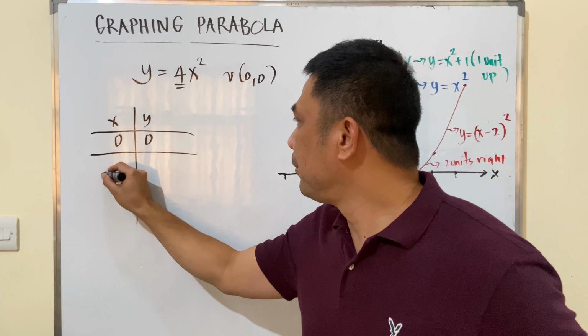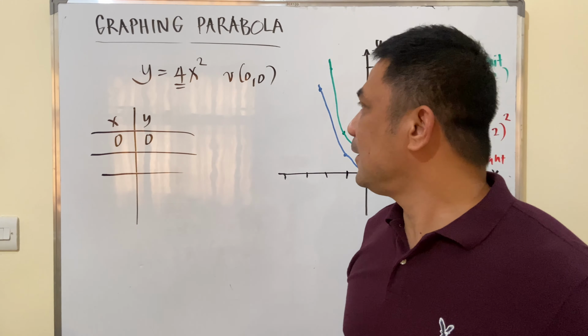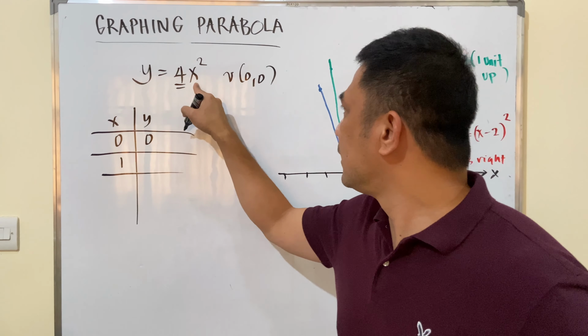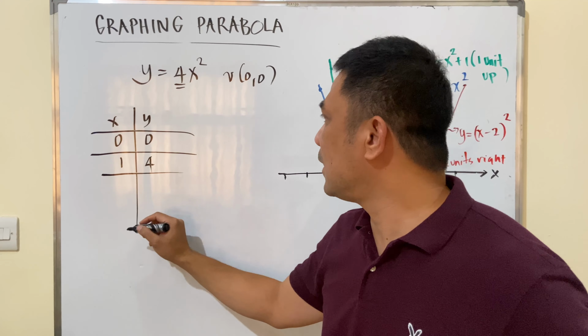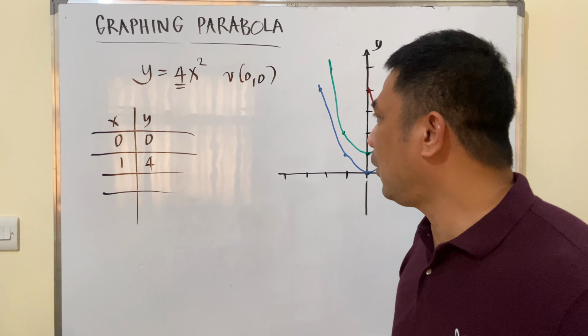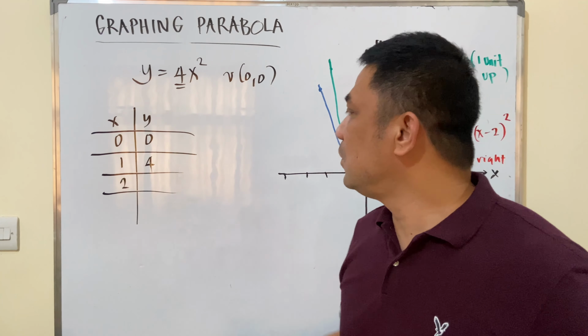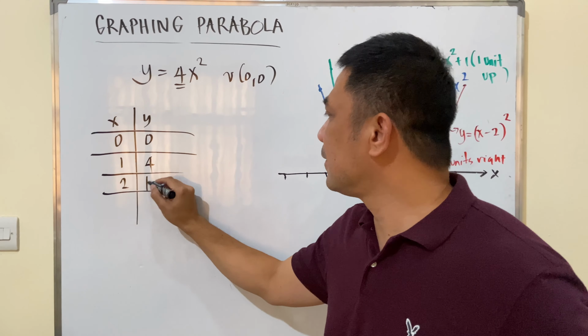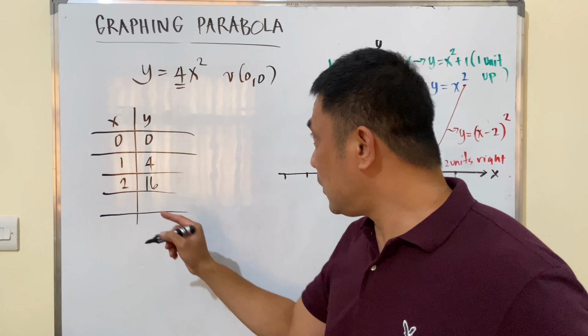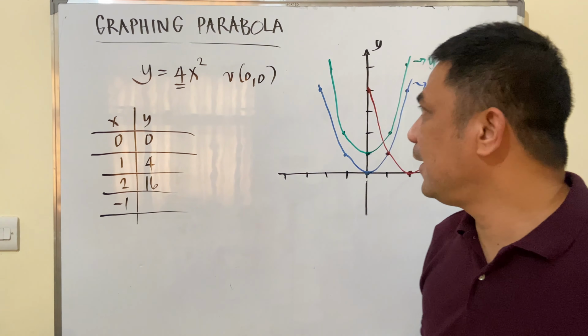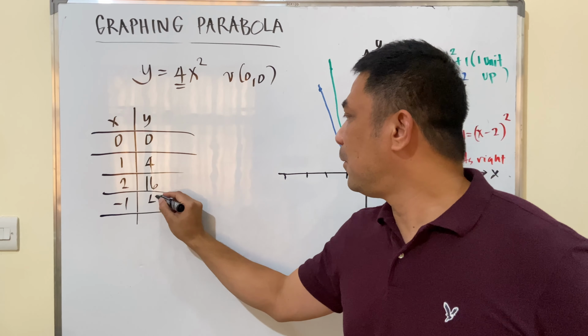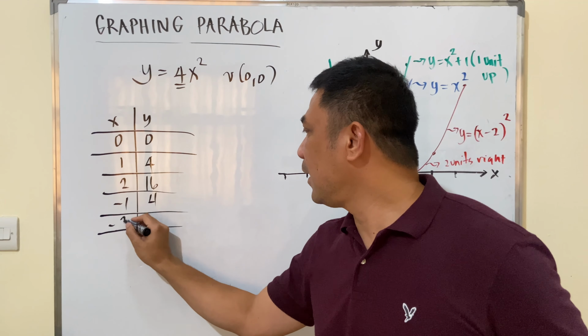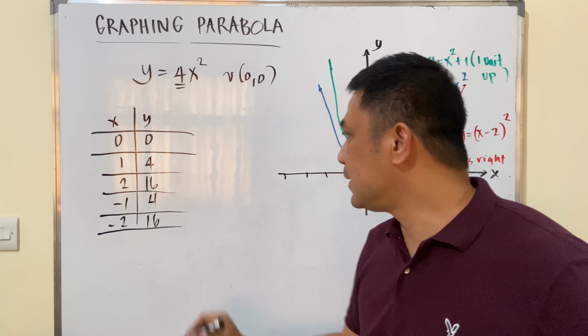And then, let's try a value of 1. So your y value is 4. At x equals 2, y is 4 times 4, that's 16. And then at x equals -1, let's try on the negative side, that means 4. And then -2, that is also 16.